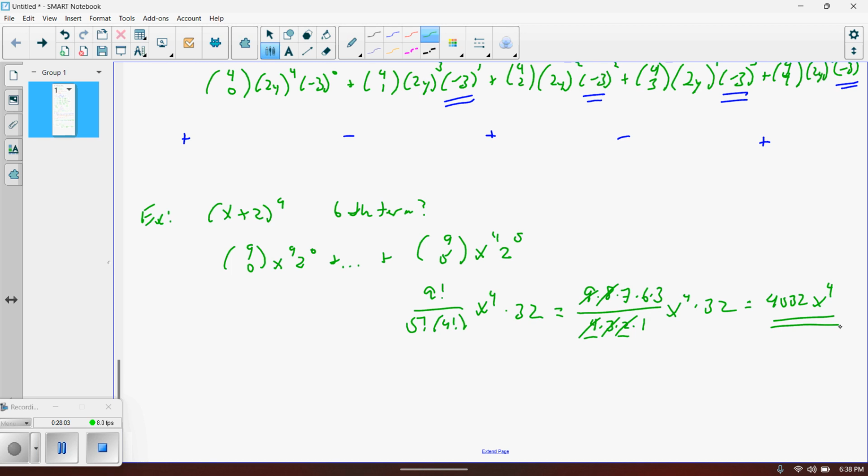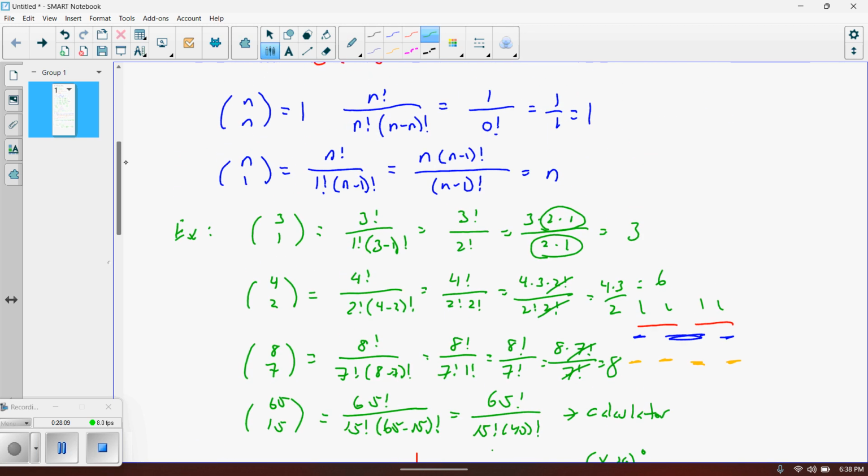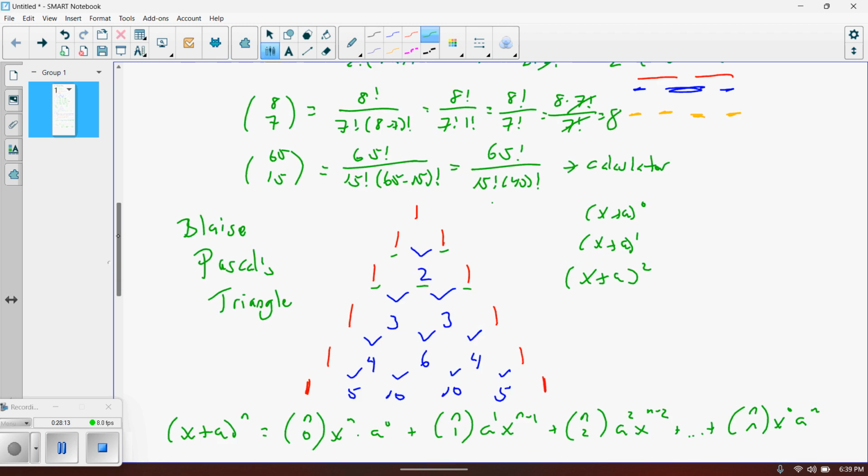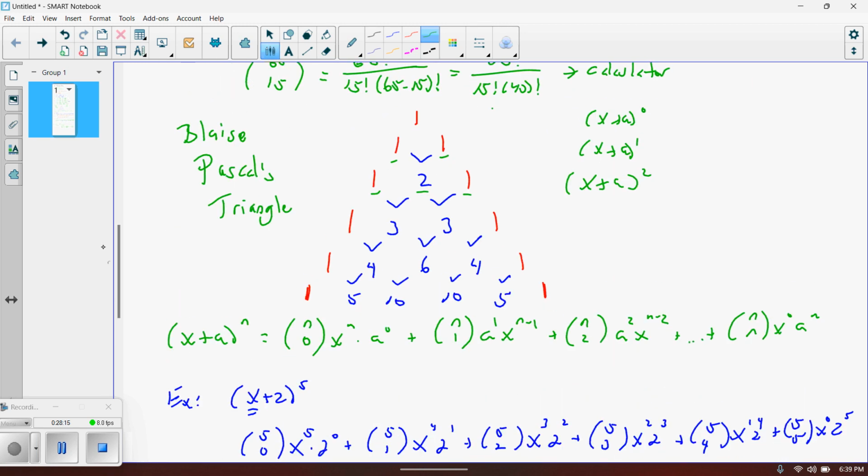All right, so how can I use this to do some other stuff? Well, it's going to go all the way back to Pascal's triangle up here. If I wanted to expand out something cubed, I kind of know how to do that because of Pascal's triangle, but you would basically be using that one right there.